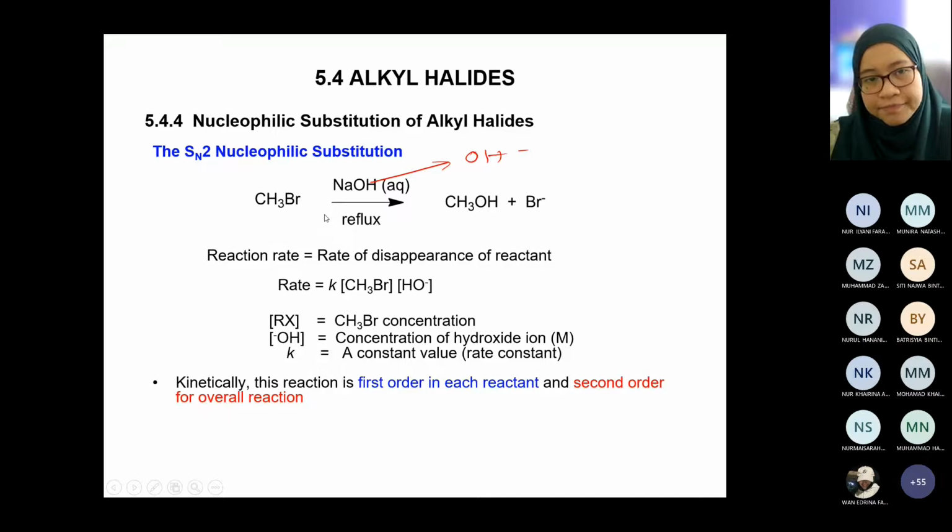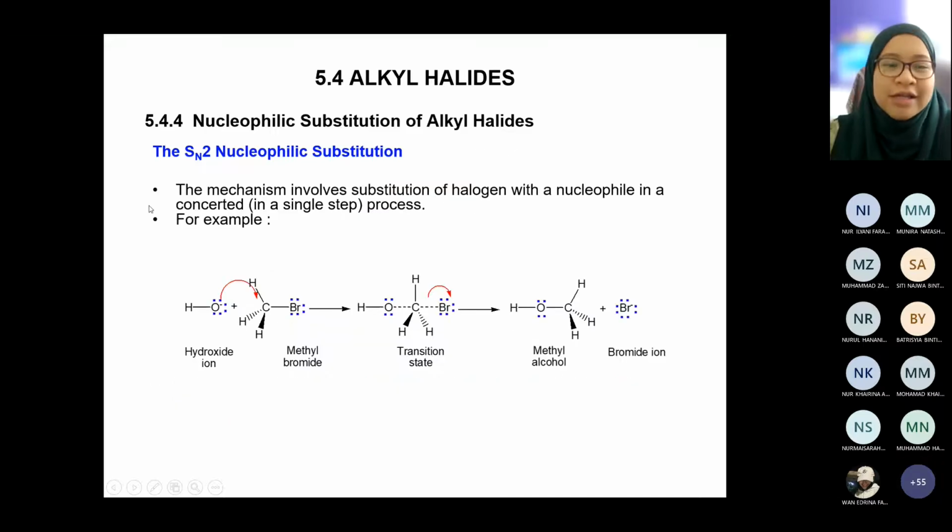Okay, all right. So this is the mechanism. This is quite a popular mechanism for alkyl halide. Okay, so please take note. The mechanism involves substitution of halogen with a nucleophile in a concerted, single step process. So this process proceeds in a single step.